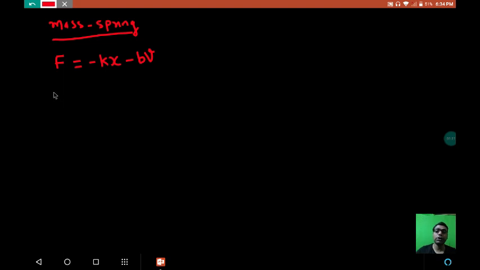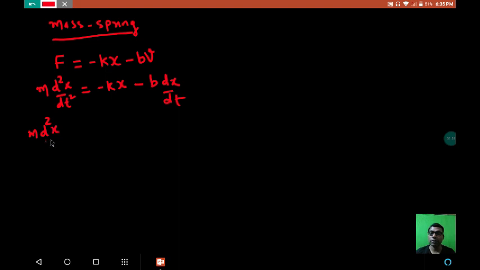So we have to make it into differential form. We can write F is equal to mass into acceleration. Acceleration is nothing but d2x by dt square, that is equal to minus kx minus b dx by dt. So this is the equation that has come. We put it on one side: m d2x by dt square plus b dx by dt plus kx is equal to 0.